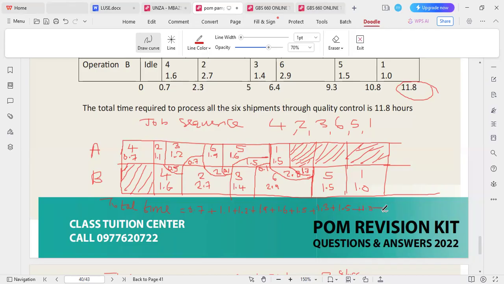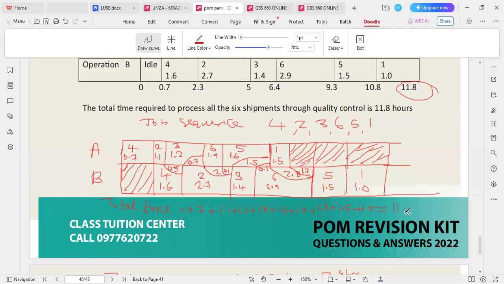The total time will be 0.7 plus 1.1 plus 1.2 plus 1.9 plus 1.6 plus 1.5 plus 1.3 plus 1.5 plus 1.0. It's giving us 11.8 hours.